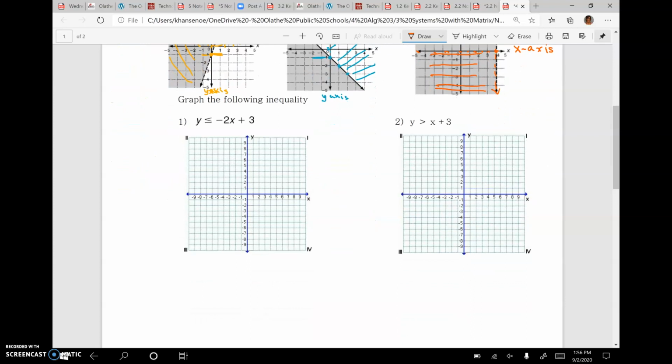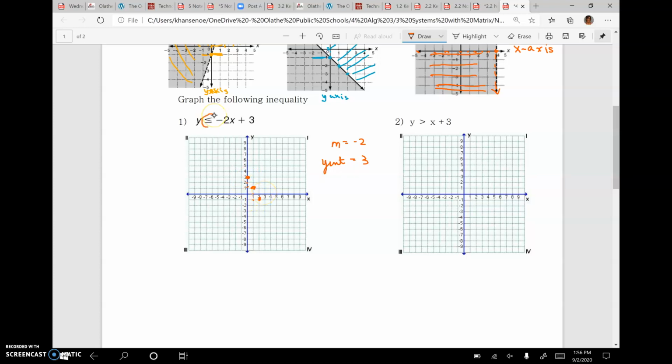All right, so then let's graph these. So first, I know that my slope is -2. My y-intercept is 3. So I'm going up 1, 2, 3. I go down 2 to the right 1. Down 2 to the right 1.